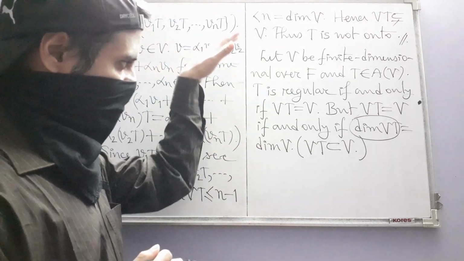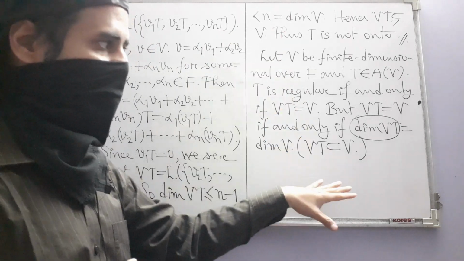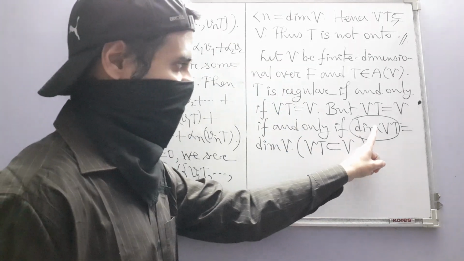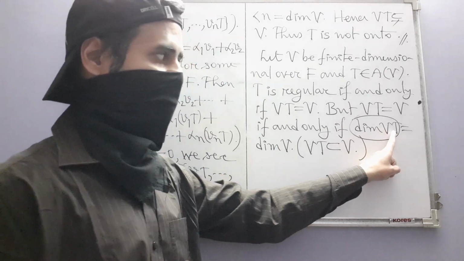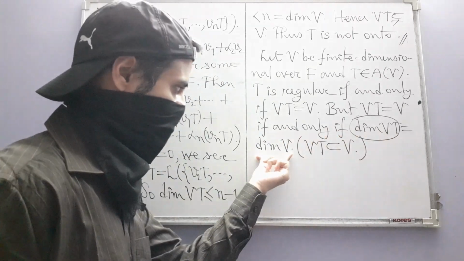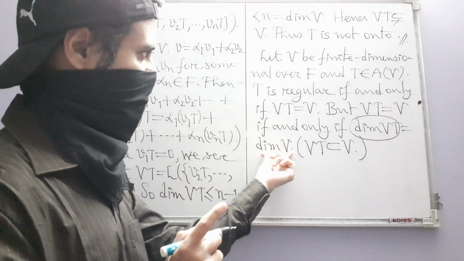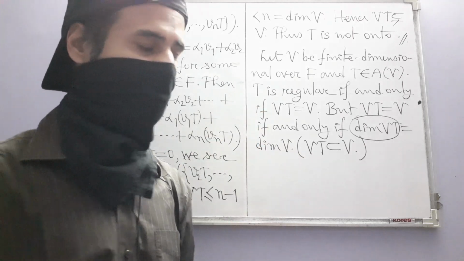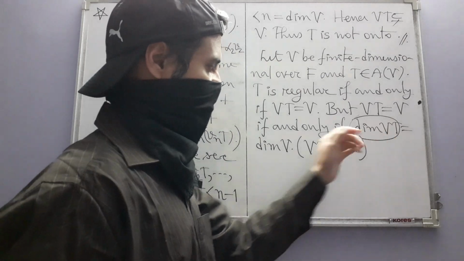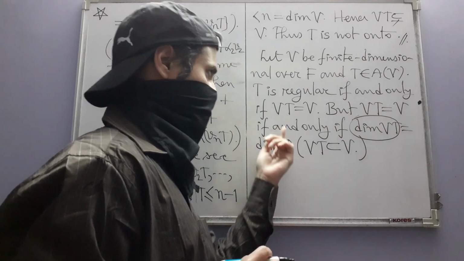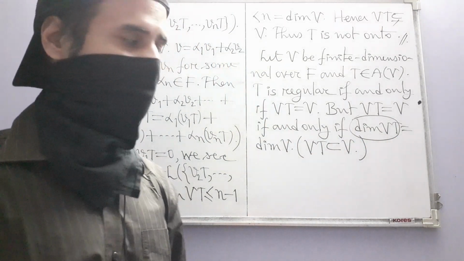And in the present situation, the largest possible value of this dimension of Vt is dimension of V, and that happens precisely when T is regular. So when this quantity is the largest possible, T is regular.